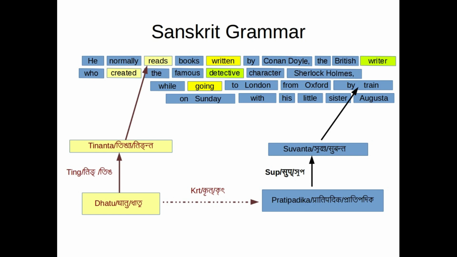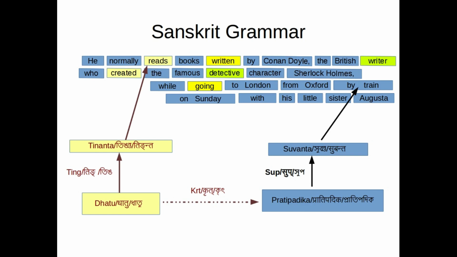The first type of words, that is the verb-related words, will be formed using a particular method from a set of Dhatus. The tool which will be applied on Dhatus is called Ting Pratyaya, and we will call the final words Tinganta Pada.